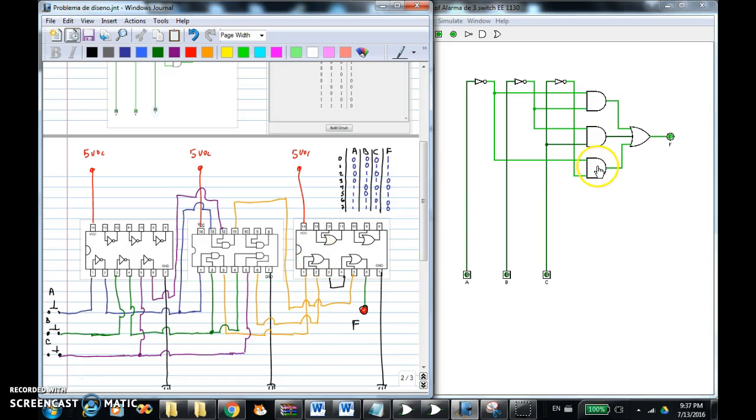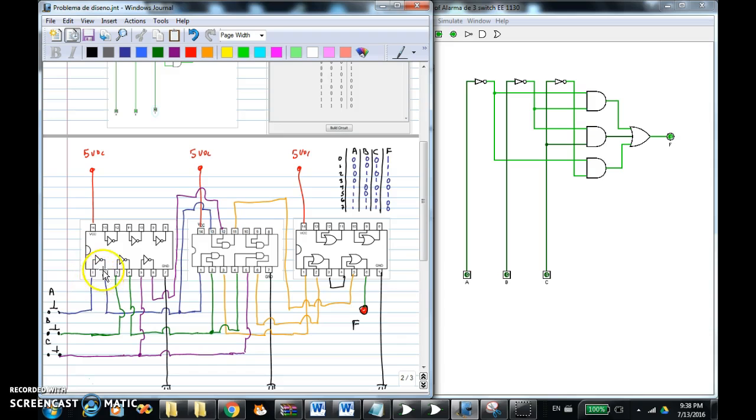Now the last AND gate. The logic diagram indicates that it needs B inverting, C inverting. Need what? No. Let's see. No, this one needs A inverting with C inverting. Follow the lines. Alright. Need A inverting.